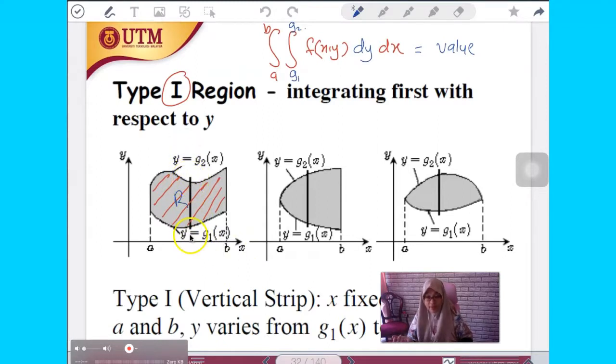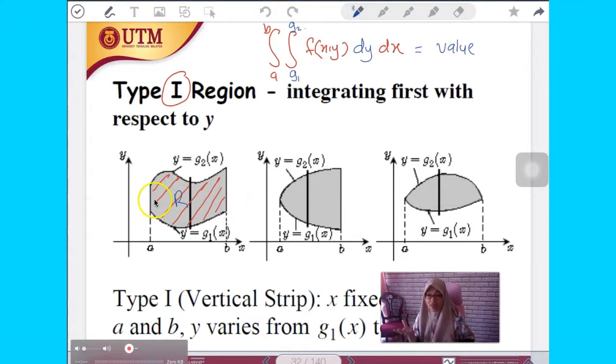Now you can see the region that you shaded. You must shade the region so that you know the boundary of your region. From this region and from the vertical line that you create, this line is lying between which boundary and which boundary?